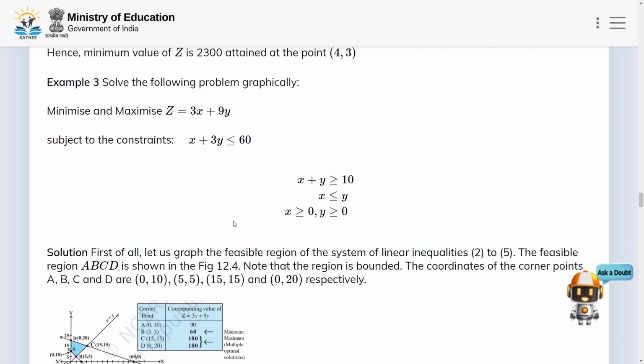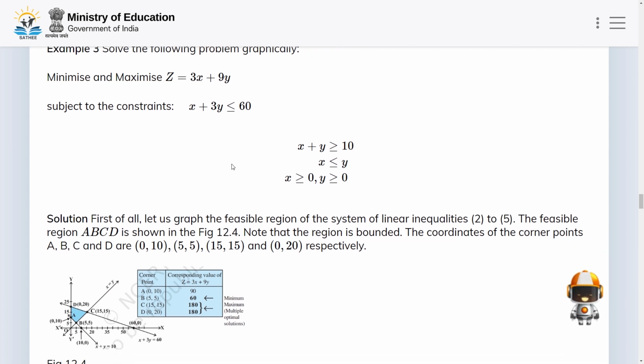Now example 3. Solve the following problem using the graphical approach. Minimize and maximize z equals 3x plus 9y, subject to the constraints x plus 3y less than or equal to 60, x plus y greater than or equal to 10, x less than or equal to y, x greater than or equal to 0, and y greater than or equal to 0.